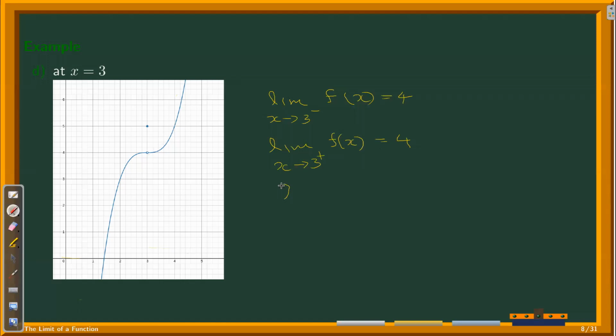Then the two-sided limit, they are equal. As x goes to 3, f(x) is equal to, again, 4, because these two are equal. And then f of 3 is 5. Okay, good. This time almost all the people got it correct.